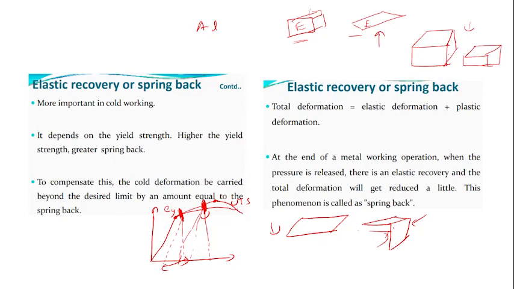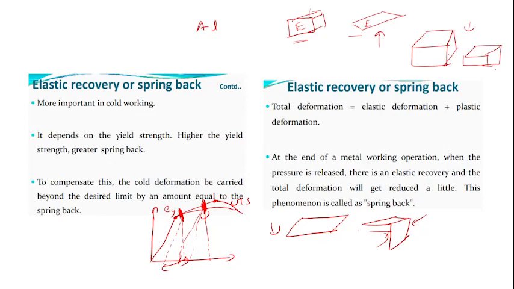But in this also, most of the deformation that happened, for which you applied force to get this shape, is elastic plus plastic, and in this case your elastic deformation up to here, below the yield strength, is higher than your plastic deformation. So the springback, most of the deformation that happened will be recovered, right, in this condition.